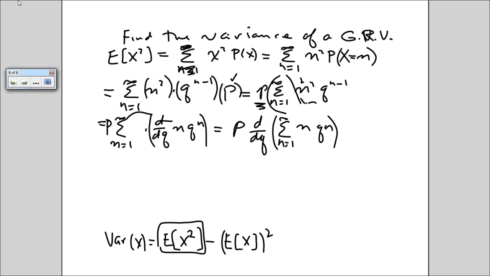Now, here's where it gets tricky. In fact, I even had to look this up. It's not tricky, it's just some cleverness. People are just extremely clever, and they actually saw this.